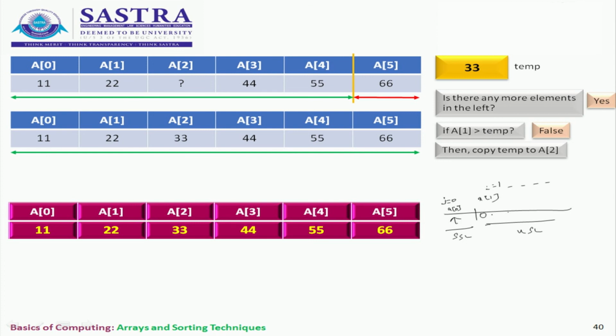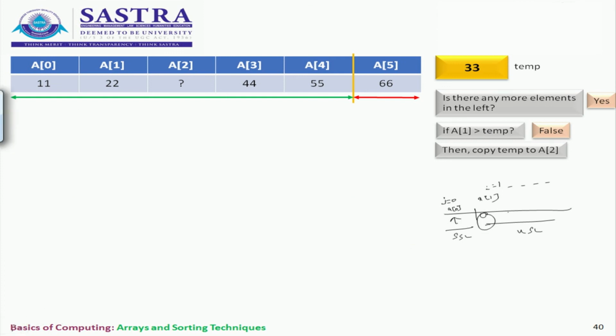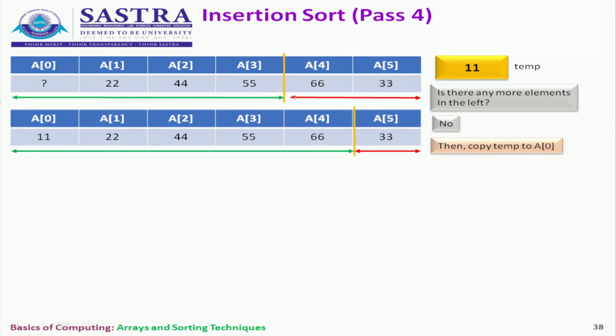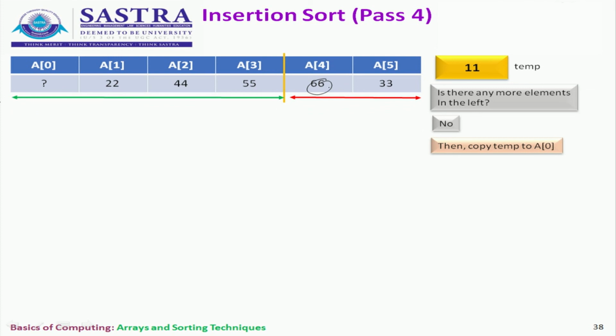Whereas once the first element is taken from the unsorted sublist, we have to compare in the sorted sublist from the higher order to the lower order until we reach 0. Let us take this part as an example. If we are taking this 66 element for comparison, then your I value starts from 4 and it has to go till less than n, that means up to 5.